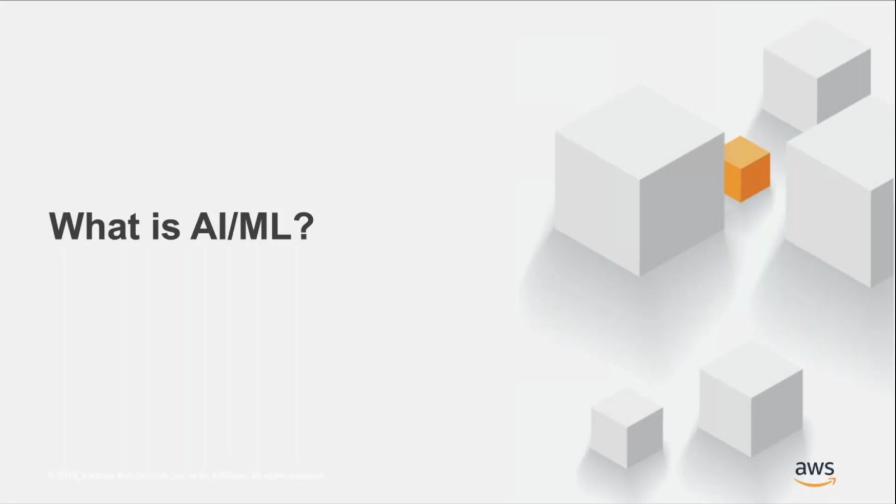So what is AIML? We often hear these two terms being interchangeably used or completely distinctively used depending on who's talking about these. But the reason that I bring this up is there is a difference between them. So what is AI, and what is the difference as compared to ML? The way I prefer to think about it is AI services allow you to simulate natural intelligence to solve some complex problem. So essentially it's a decision making.